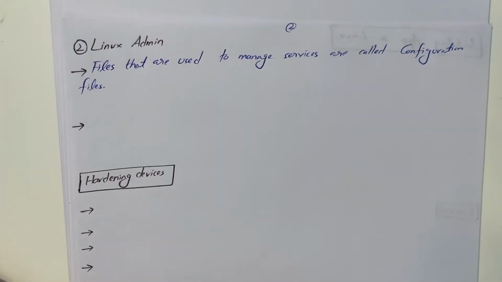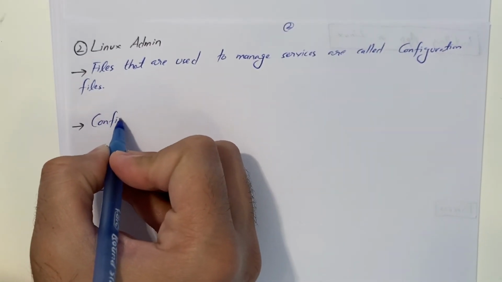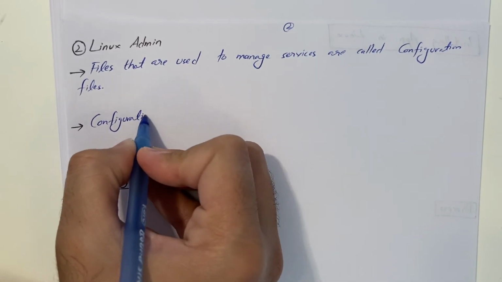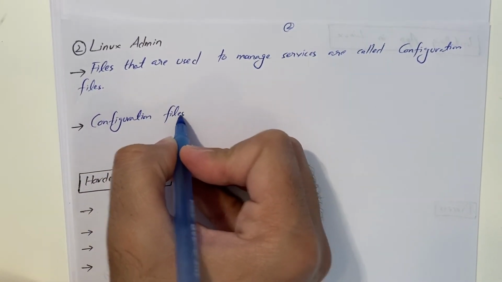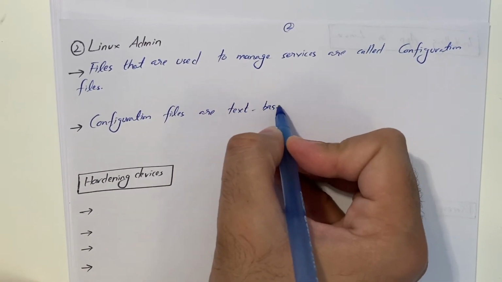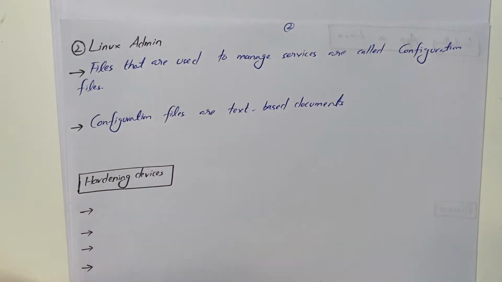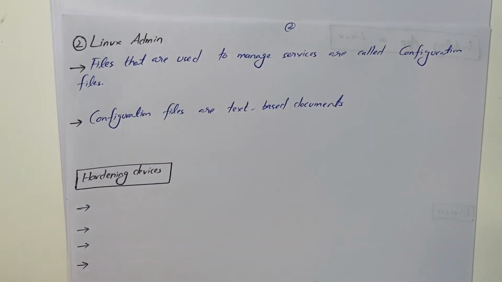These configuration files are basically text files. For example, if you have any software installed in your computer, that software will have a configuration file. These are text-based documents, including firewall, antivirus system, anything in Linux, it must have a configuration file where Linux administrators can manipulate with commands.